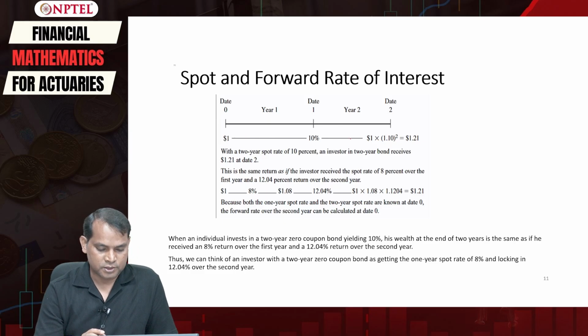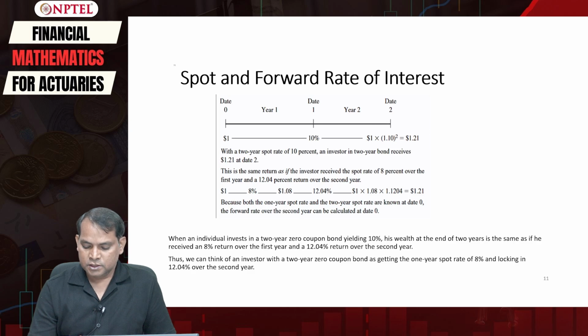So we have two strategies already discussed. When an individual invests in a 2-year zero coupon bond yielding 10%, his wealth at the end of 2 years is the same as if he received an 8% return over the first year and a 12.04% return over the second year.